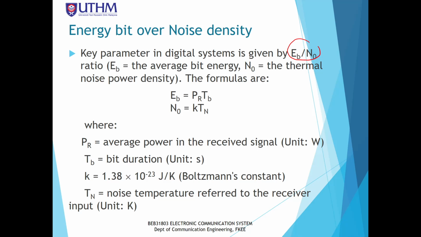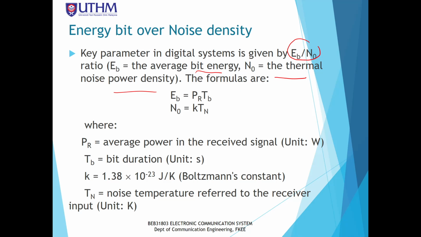Okay, so dalam digital transmission, we normally use the EB over N0 compared to the SNR. Okay, SNR we use in the analog, where in the digital we use the EB over N0. So EB is the average bit energy divided with the thermal noise power density.